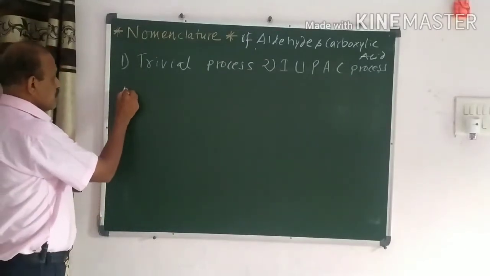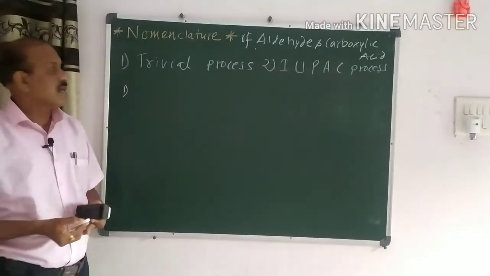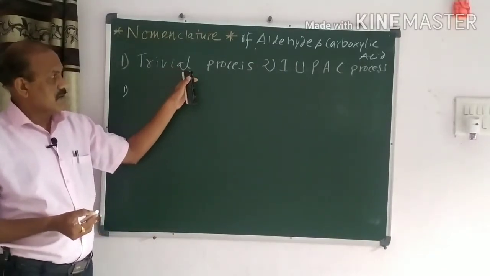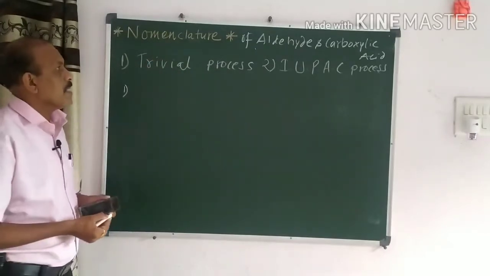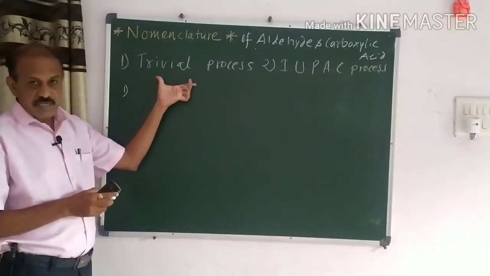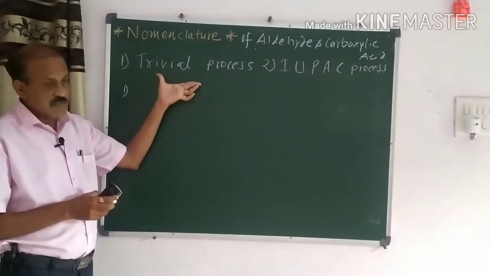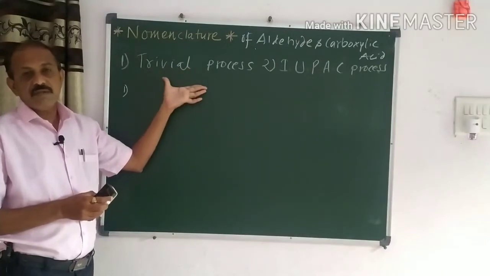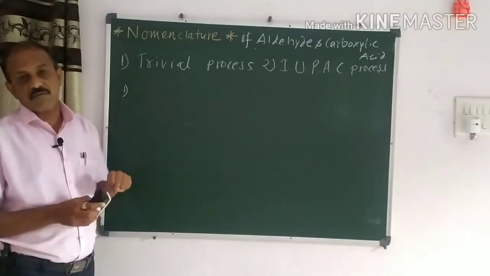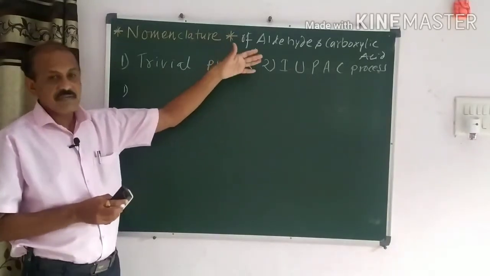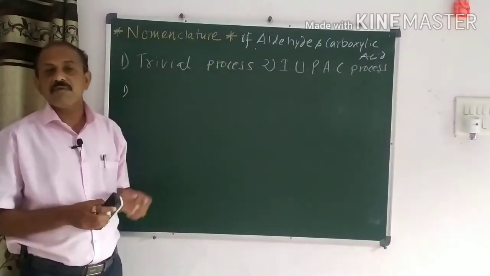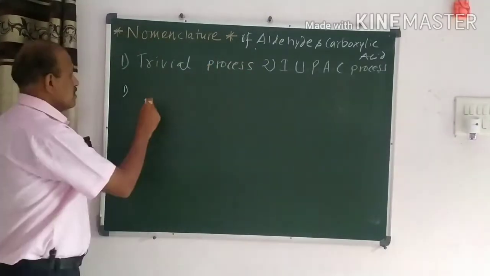In the trivial or common process, the name is given according to the source from which the compound is derived. The source of aldehyde is the carboxylic acid, and by using the carboxylic acid we give the name to the aldehyde.